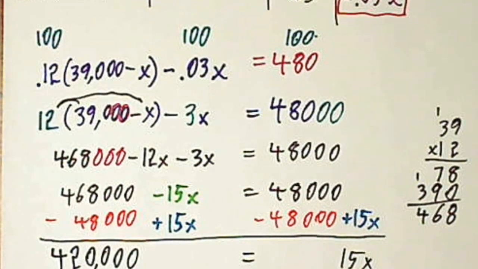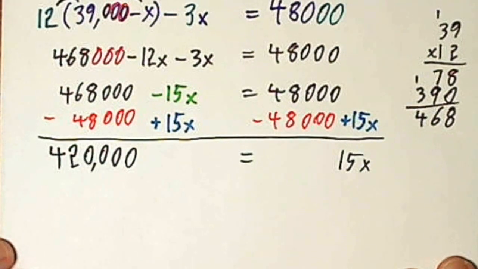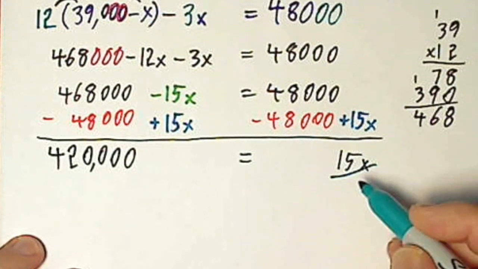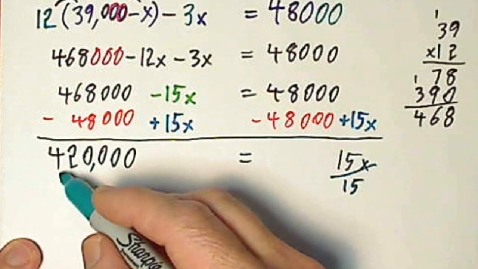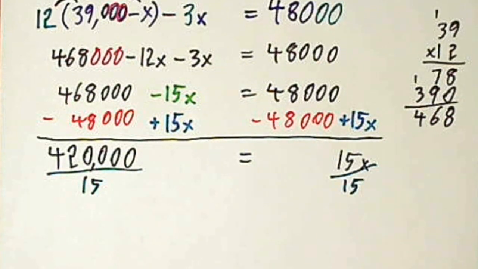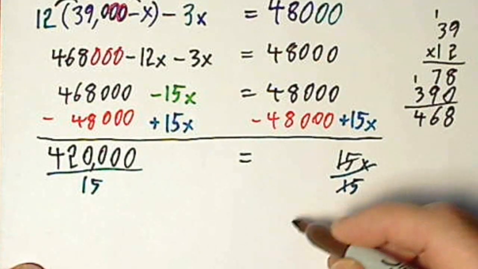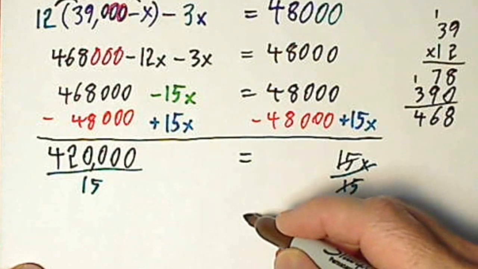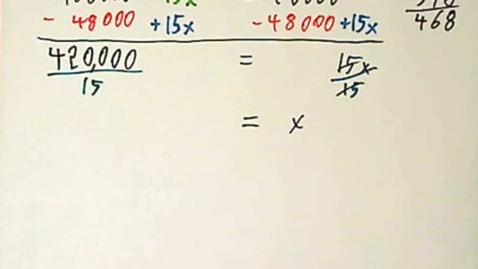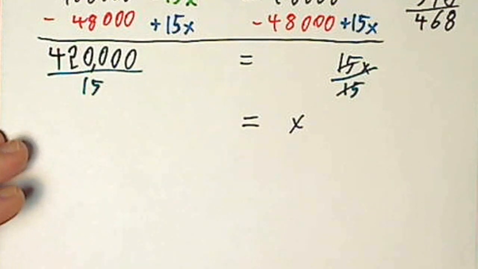One more step, we have to get rid of that 15. Divide by 15. So we have x equals, and I'm going to do this one on a separate piece of paper.